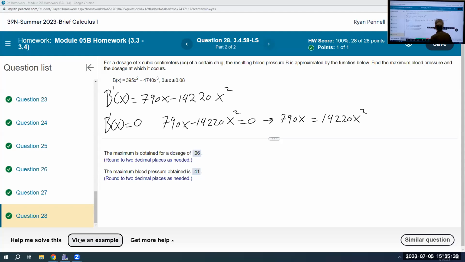Divide both sides by x, but x cannot equal 0.